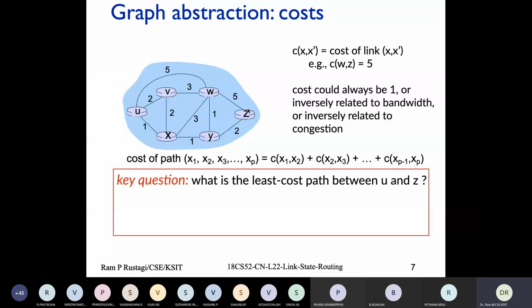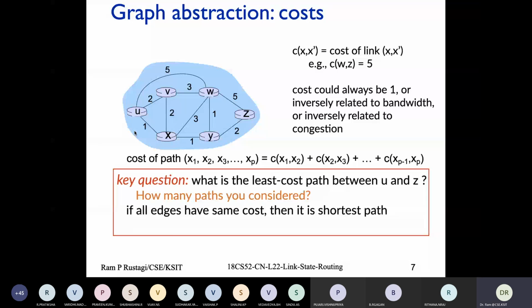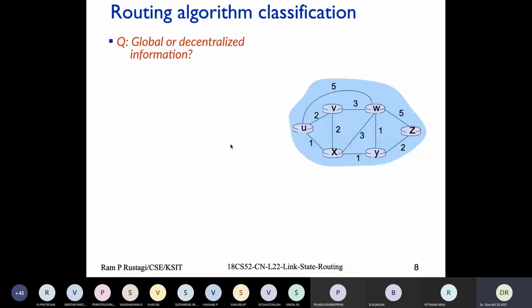And when you try it out, you might be able to find close to about 17 paths by which U can reach Z. And so we need to identify the path which has the least cost, and based on the least cost, we update the routing table. So our routing algorithm would be: we have different paths there, find the path that has the minimum cost. And let's look at how you find that minimum cost.